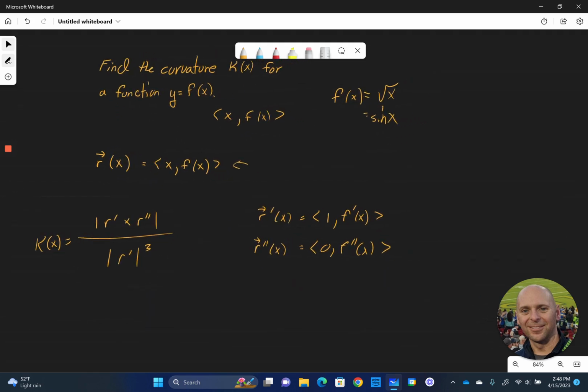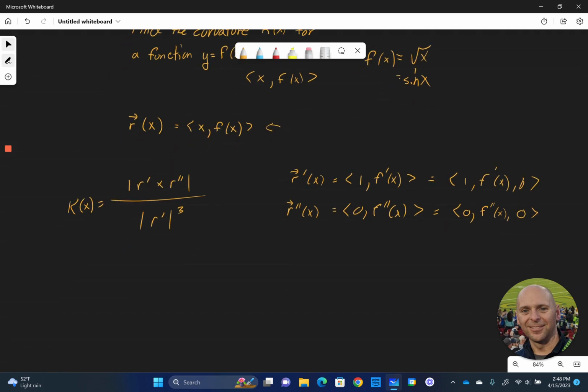So we can adjust for that by allowing the z-coordinate to be 0. So we get 1, f prime of x, and 0, and 0, f double prime of x, and 0. And now we've got a couple of vectors that we can form the cross product of. So let's take a look at that.